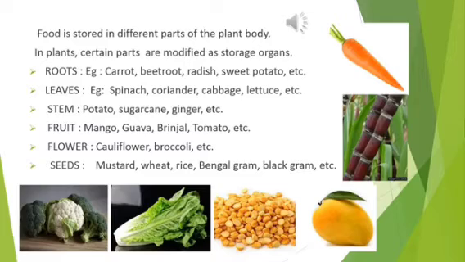Example: mustard, wheat, rice, Bengal gram, black gram, etc. So, a plant and its parts store food. Or we can say that different parts of a plant store food.